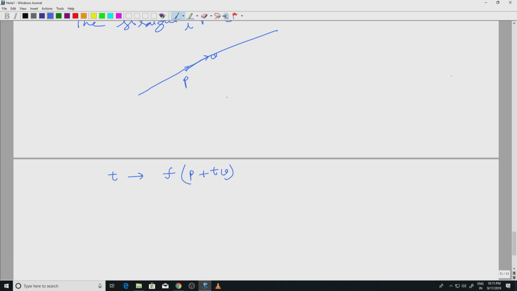Remember that f was defined in an open set around p, but I am just restricting it to the straight line, at least a portion of it, and seeing what values it assumes at various points of the straight line. So essentially I get a function of one variable, t going to f of p plus tv.